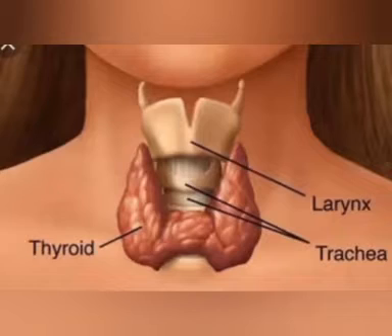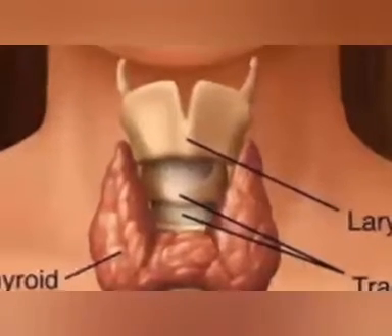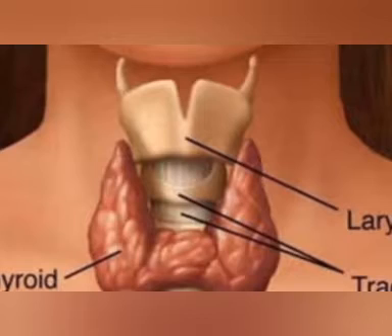From the picture you can see where the thyroid gland is present. The thyroid gland is situated in the lower part of the neck on the thyroid cartilage, opposite the level of the fifth cervical vertebra to the first thoracic vertebra.